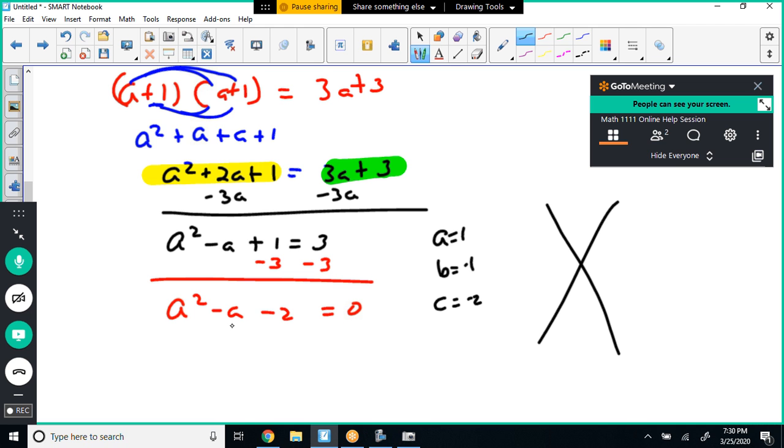We got A is 1, B is negative 1, C is negative 2, right? So right here is A times C. So 1 times negative 2 is negative 2, right?